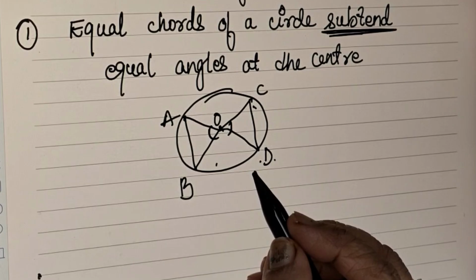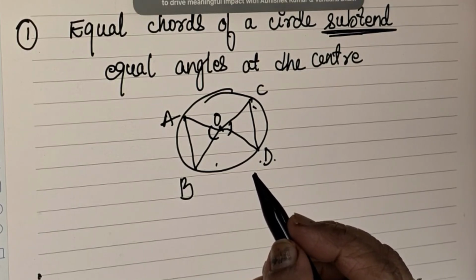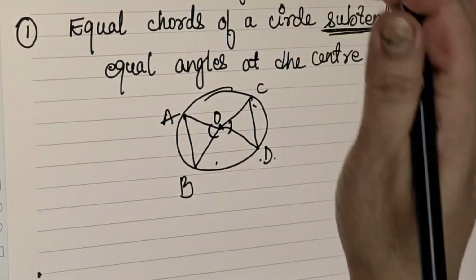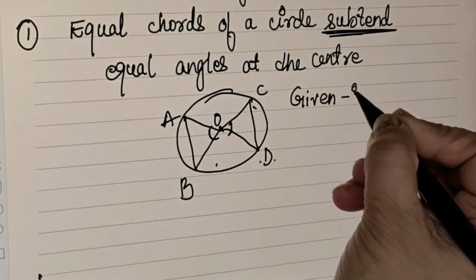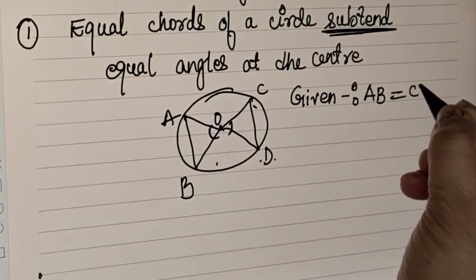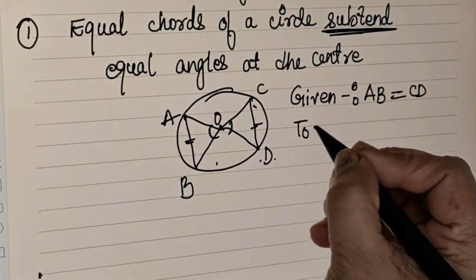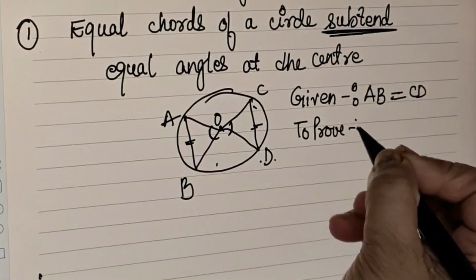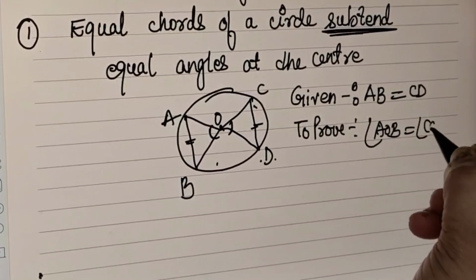Whenever we are doing geometry, we need to write the given condition, to prove, construction and proof. Everything is needed. Now I am writing here the given condition. Given is what, beta? AB and CD are equal, chords are equal. Now what do we need to prove? That their central angles are equal.